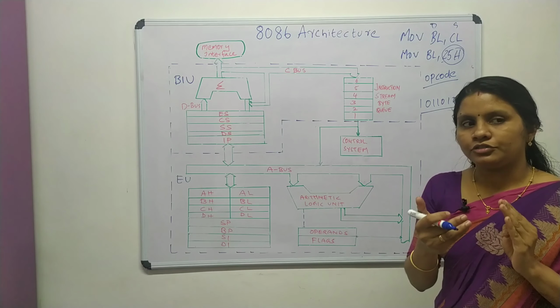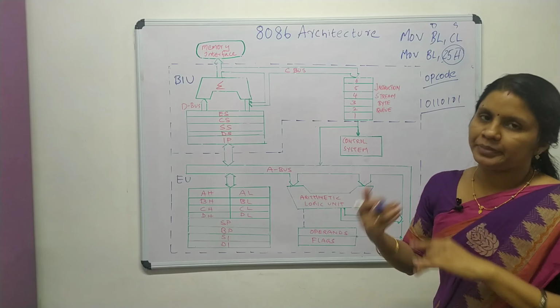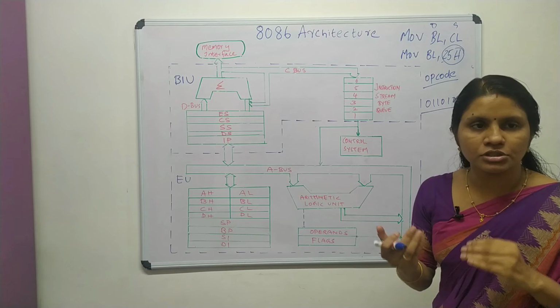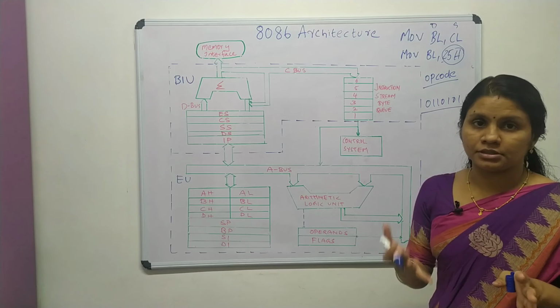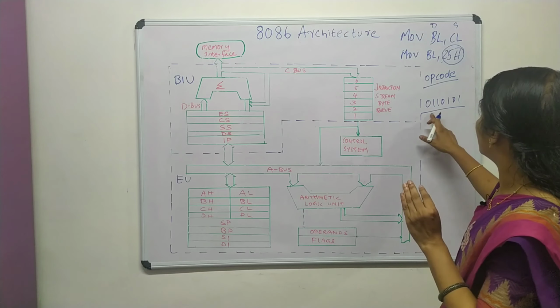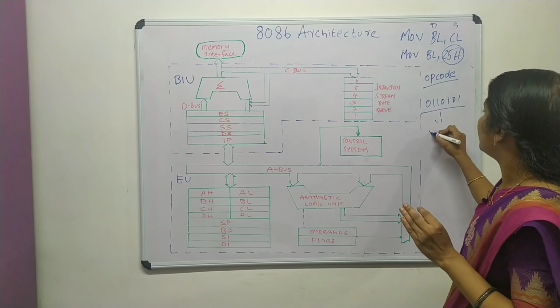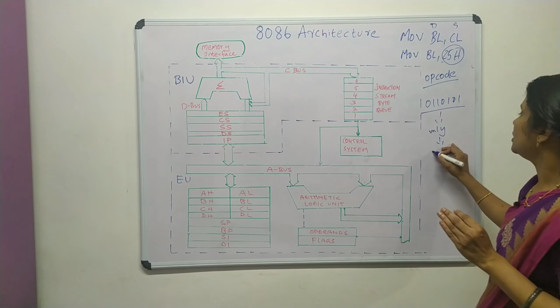What is the role of the assembler? It converts assembly language into machine language, in the form of zeros and ones. That is the opcode, and it goes finally to the memory, and finally to the processor.